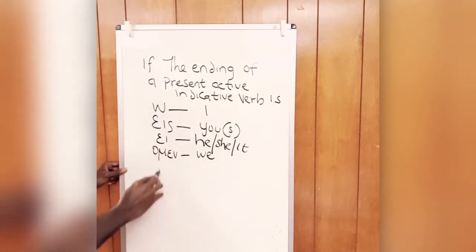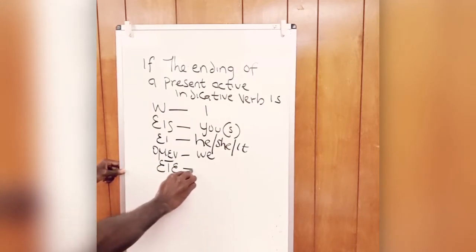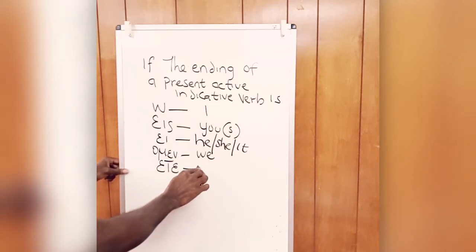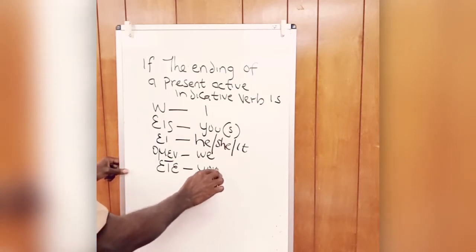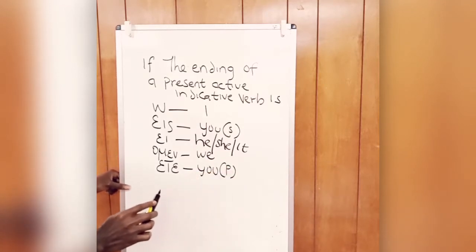Then, if the ending is ete, it means that the subject of the sentence is you plural. Identify that with the p.